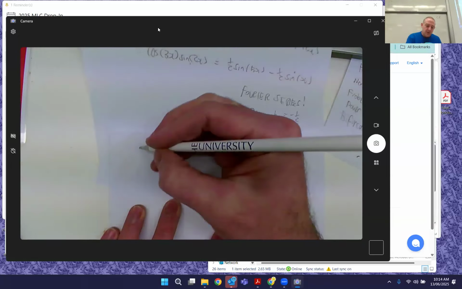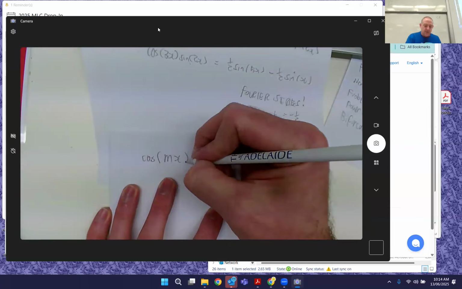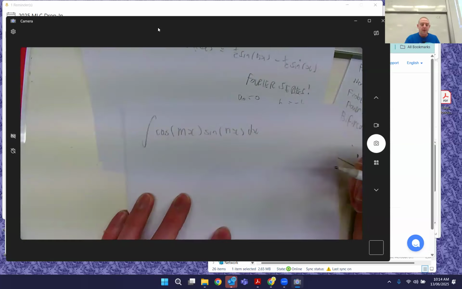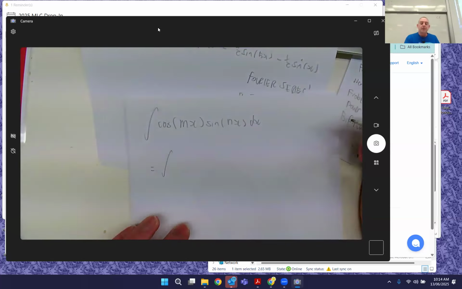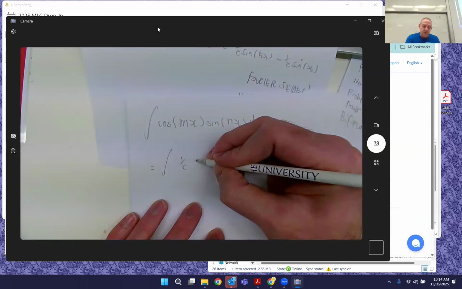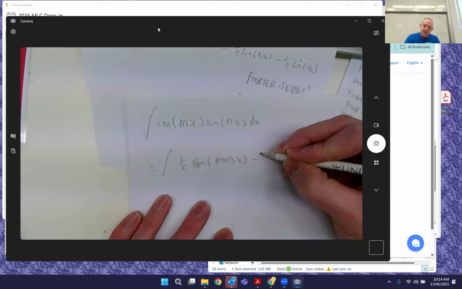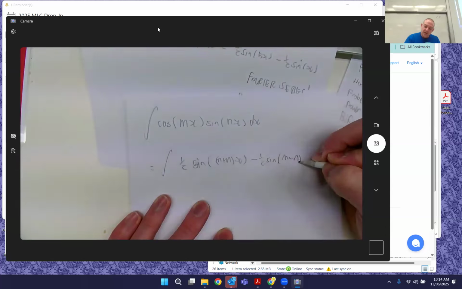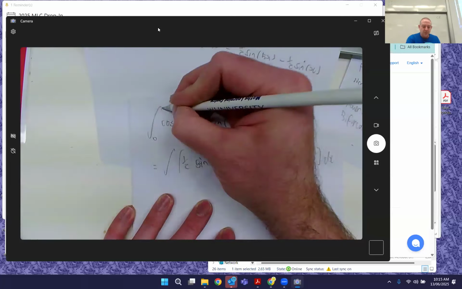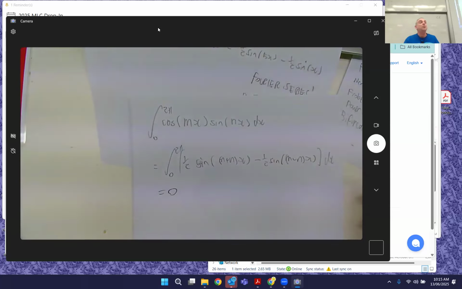We can be sure that the integral of cos of mx sine of nx is going to be the integral of a half of sine of (m plus n)x minus a half of sine of (m minus n)x dx. And if I go from 0 to 2 pi, I'll get 0. That's pretty cool.